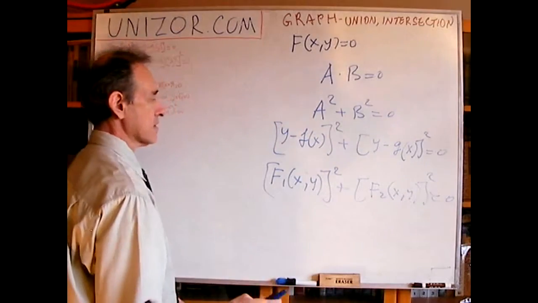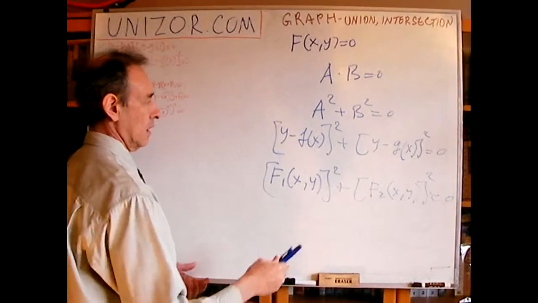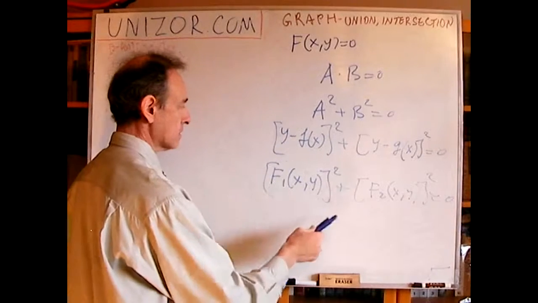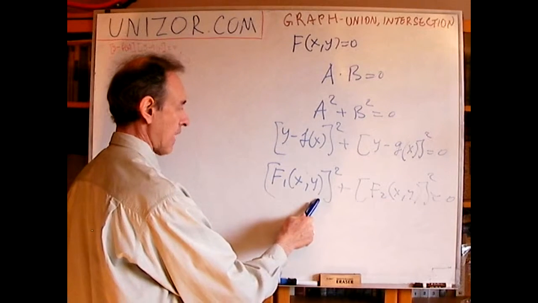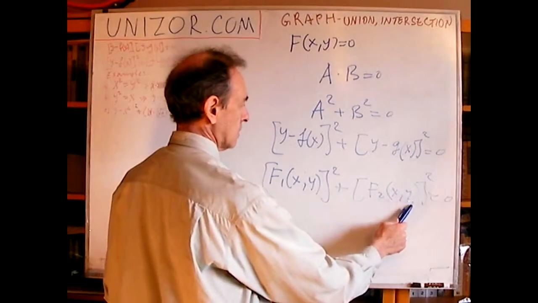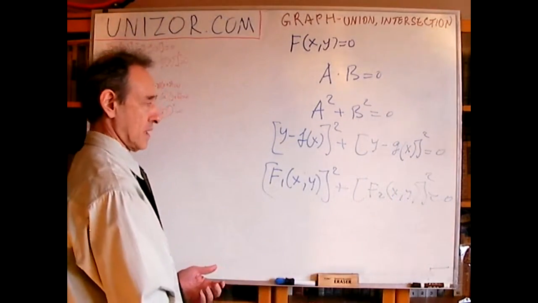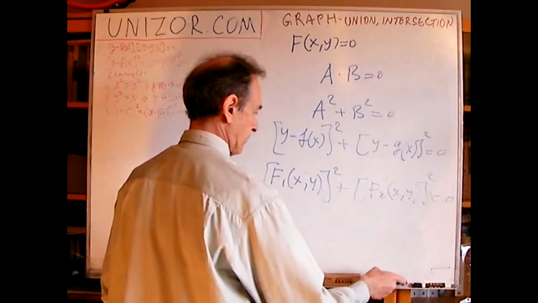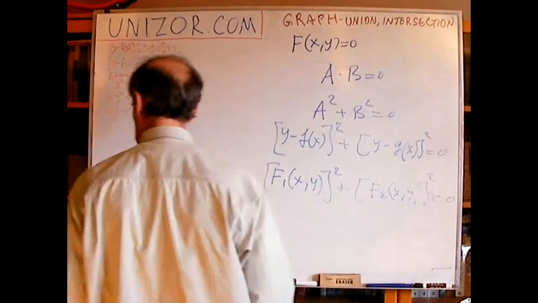So obviously this also is an intersection between this graph, f1 of x,y is equal to 0, and this graph, f2 of x,y is equal to 0. So that's what it is.